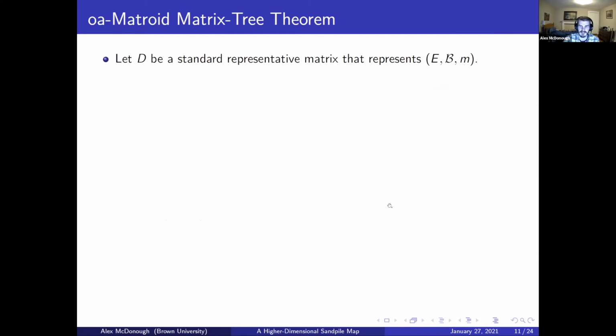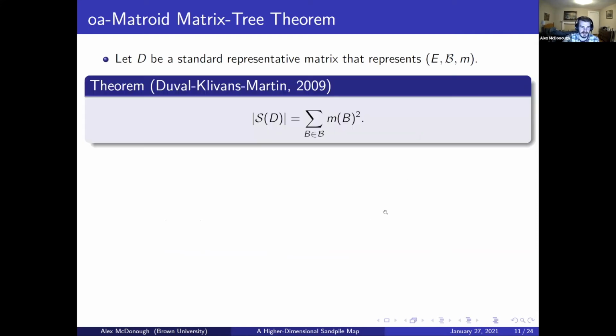We can get something similar, but a little bit more complicated, for standard representative matrices. So here's the theorem, and this is what Duval, Klivans, and Martin proved for cell complexes, but I have it here for OA matroids. What this says is that the size of the Sandpile group is going to be the sum of the multiplicity squared.